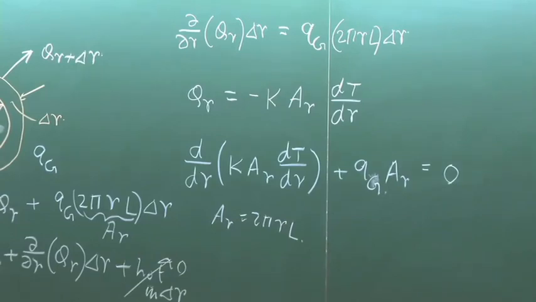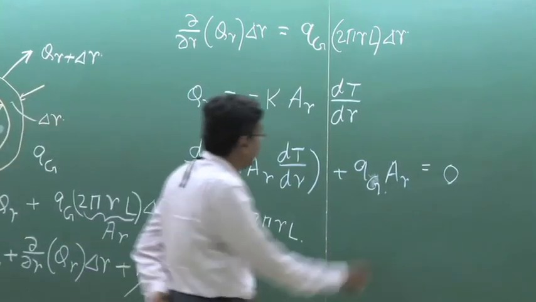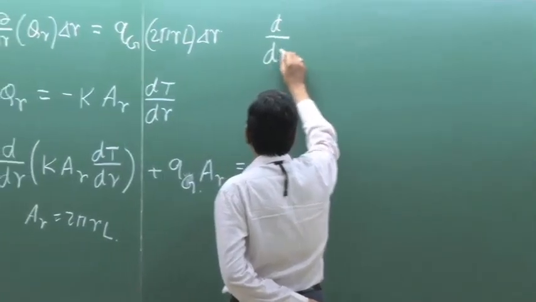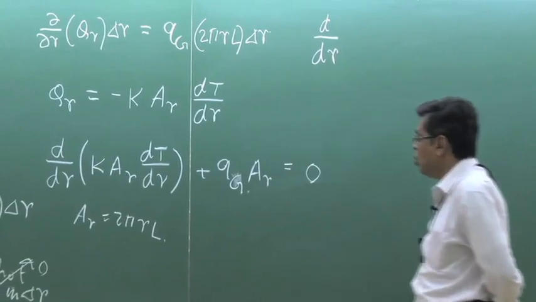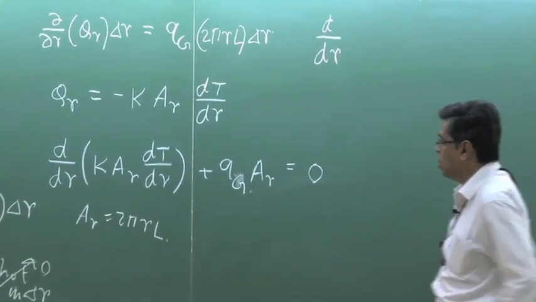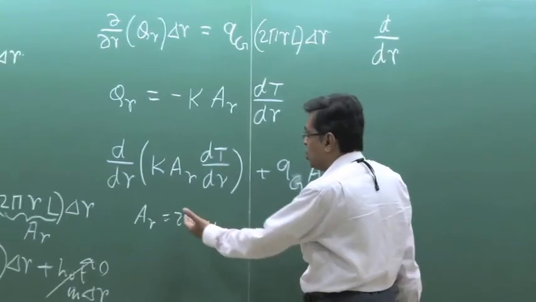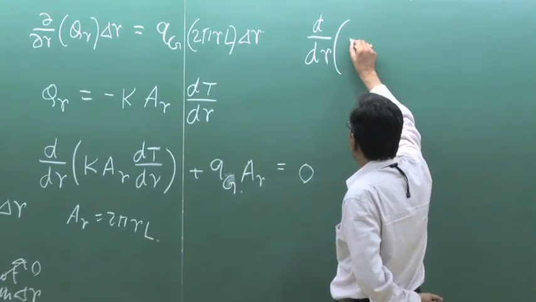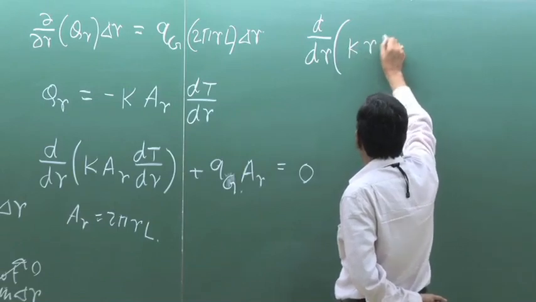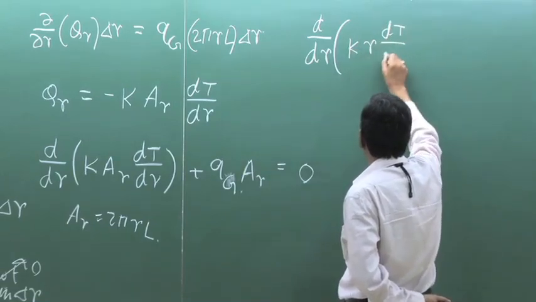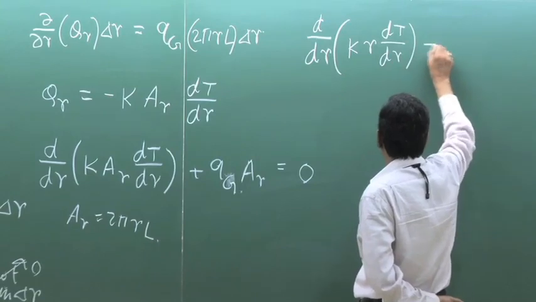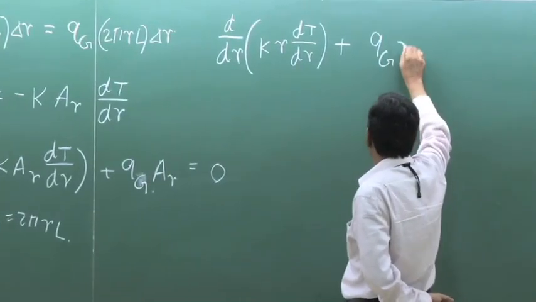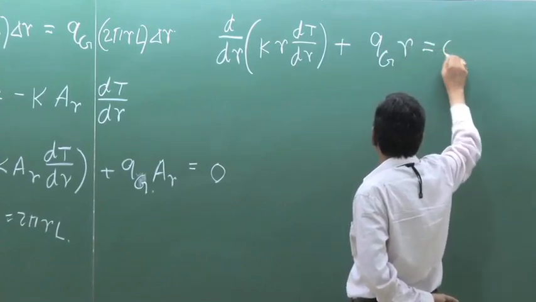So if you just substitute this, you will get d dr, and if you take 2 pi L to be constant, and L cannot be 0, you can cancel that: d dr of k r dT dr plus qg into r equals 0.